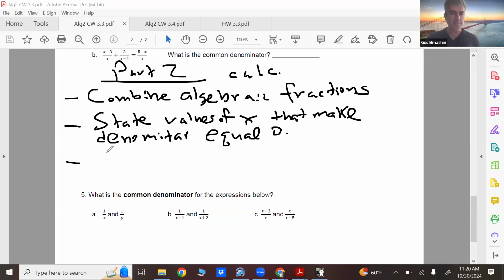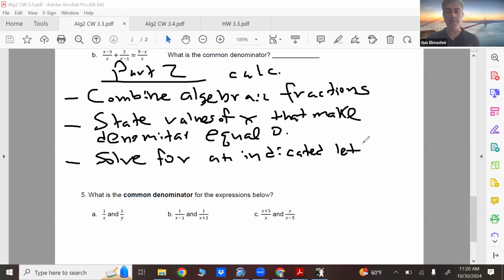Next up is going to be solve for an indicated letter. We already just talked about that. Will there be any stuff like from 2 minutes ago? Nope. I'm being completely transparent with you guys. So solve for an indicated letter. We just talked about that.